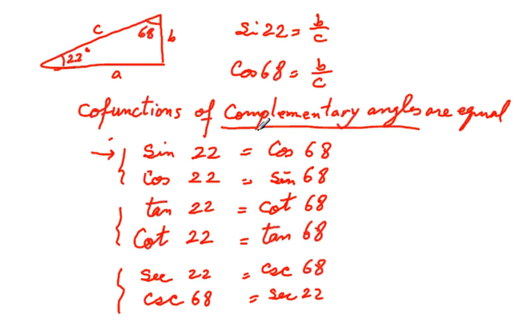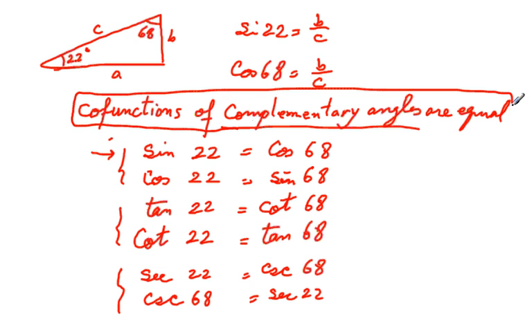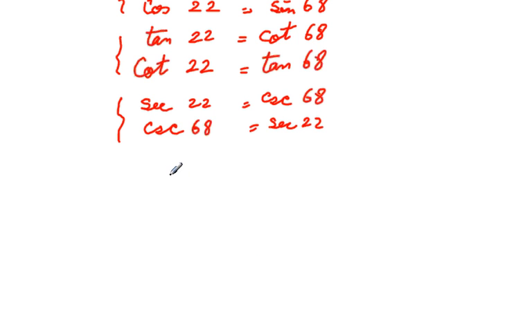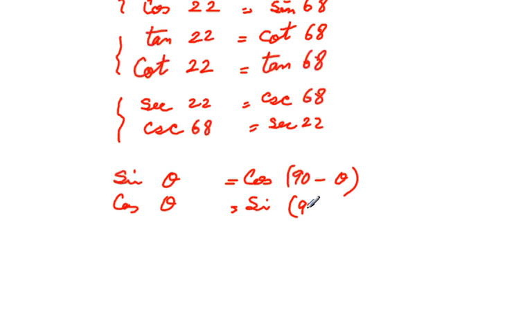So here is an abbreviation for the whole thing. Let me write it in general, and then we are going to be done. So if I have some arbitrary angle theta, its complementary is 90 minus theta. If I take sine of this, same as taking cosine of that. If I take cosine of this, same as taking sine of that. If I take tangent of this, you tell me what to write on the right-hand side.